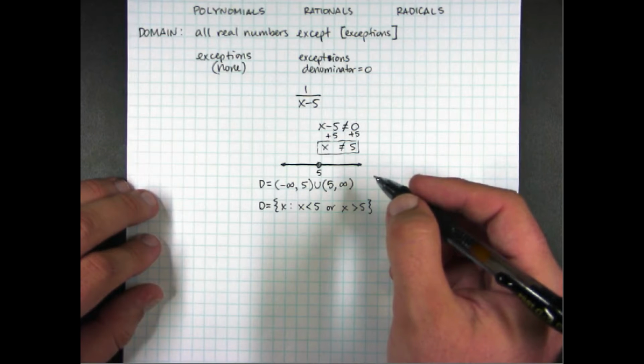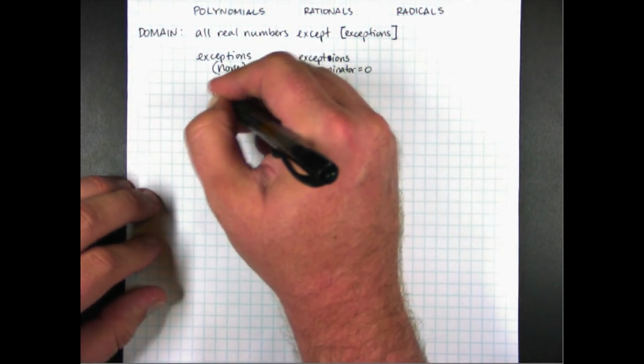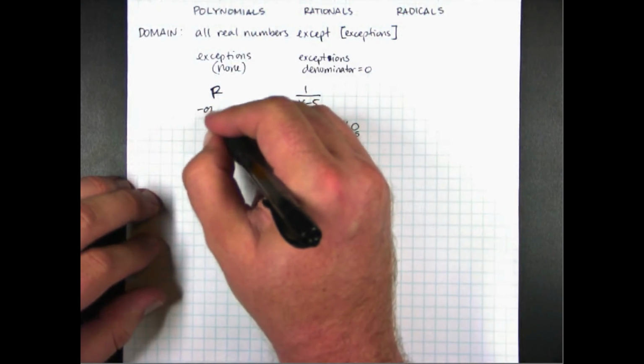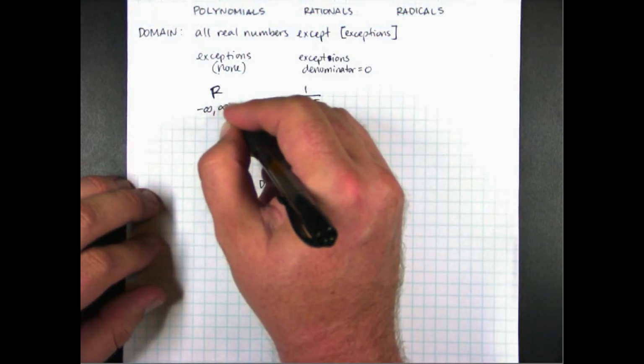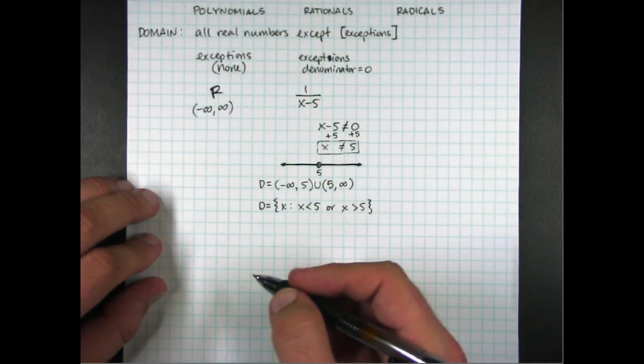So the domain is all real numbers except the exceptions, and since there are no exceptions, the domain is all real numbers. Or in interval notation, that. Always, always, always.